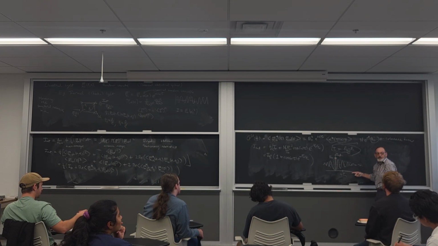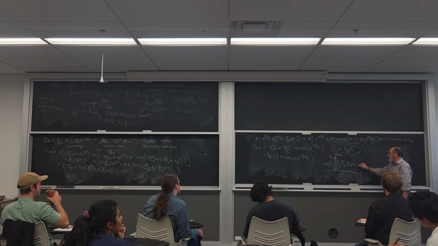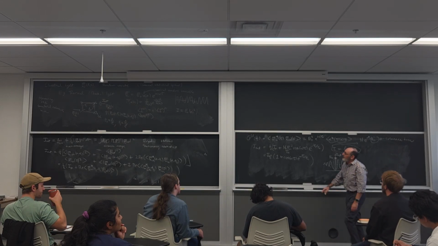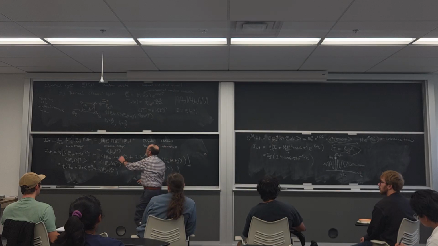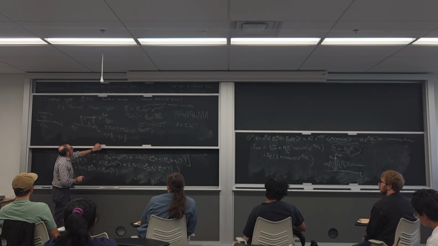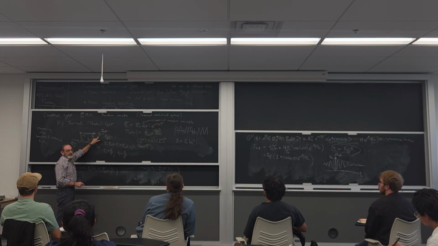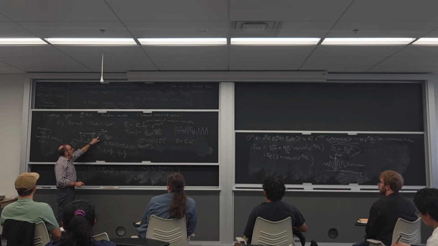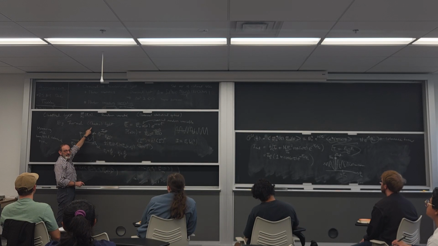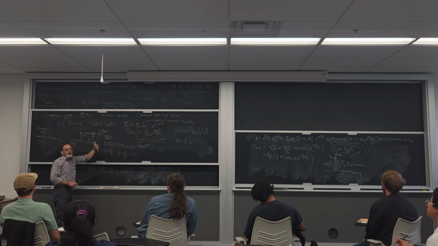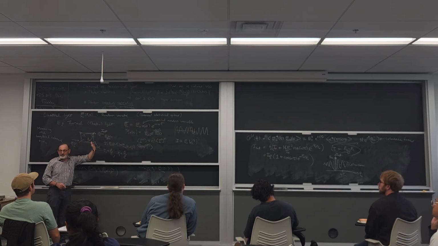But when tau becomes large compared to tau c, half of the intensity goes out this port, and what happens to the other part of the intensity? It all goes out that port. So at that point, there is no interference.